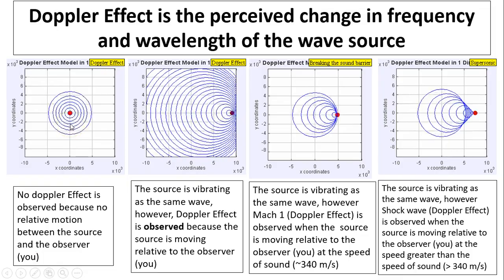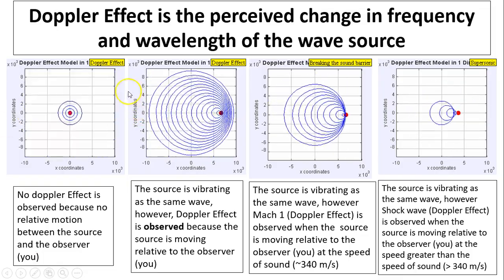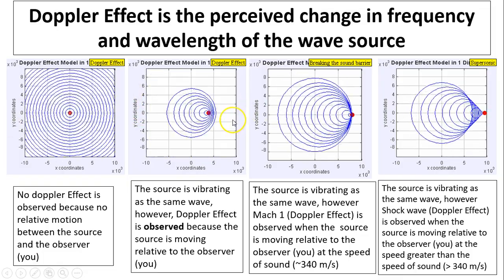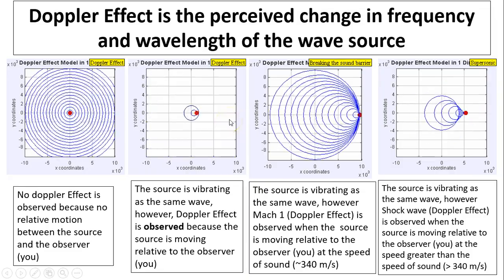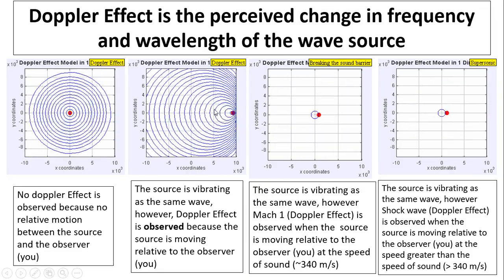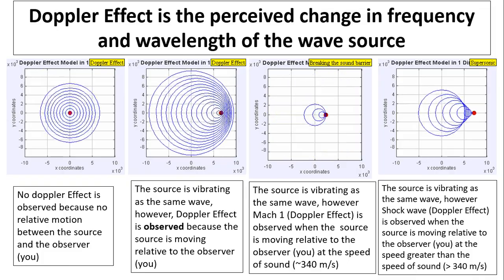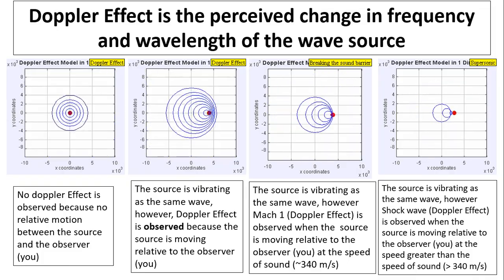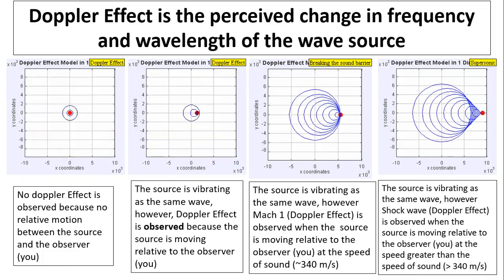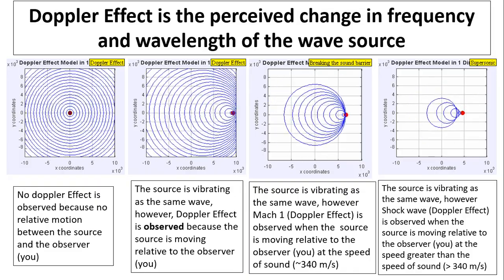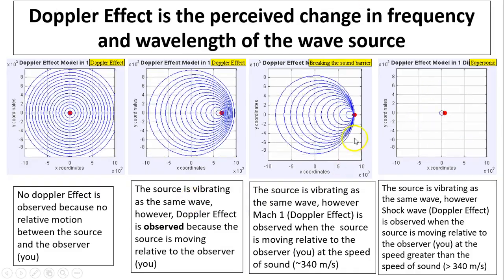The source is vibrating with the same frequency, but what you observed is shorter. So Doppler effect is an observed phenomenon. The source of vibration did not change. It's what you observed that has changed. Okay, so this is Doppler effect.